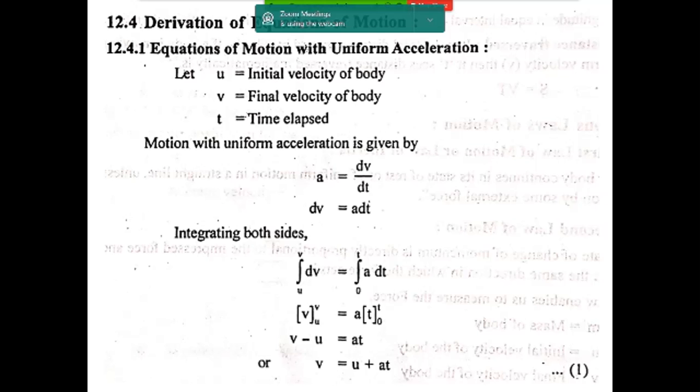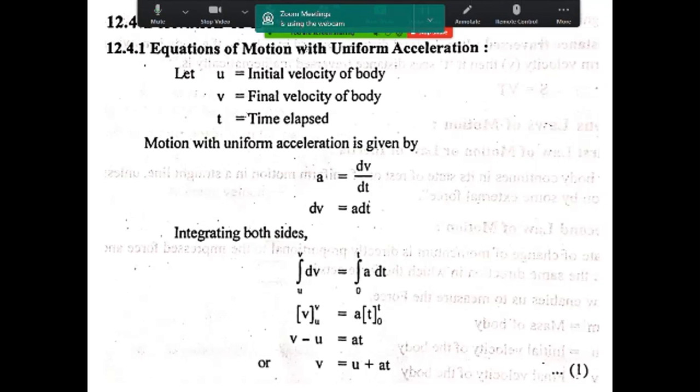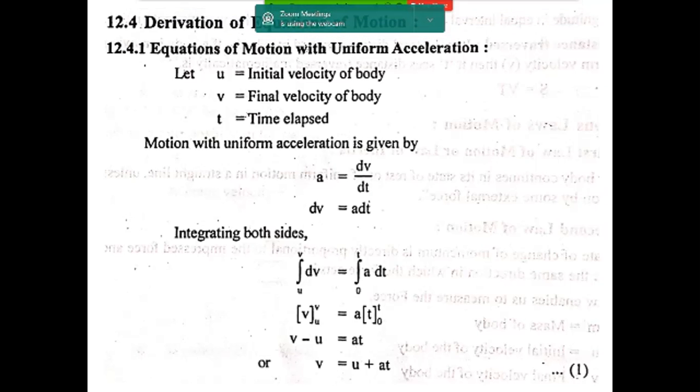Final velocity is given by u, the initial velocity, plus acceleration multiplied by time. This is equation 1, which you have to remember.